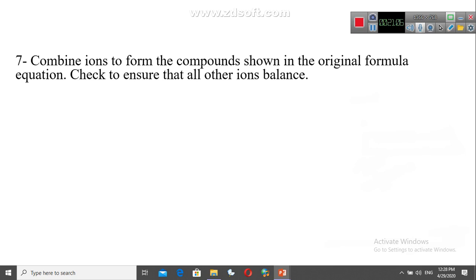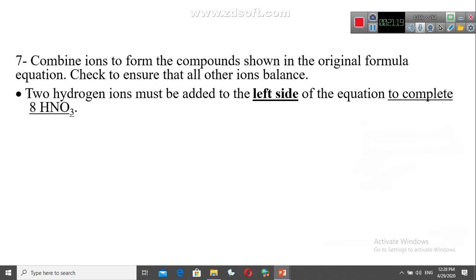All ions balanced. The NO3 ions appeared as nitric acid in the original equation. There are only 6 hydrogen ions to pair with 8 nitrate ions.